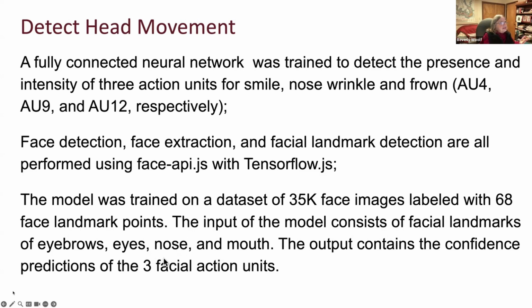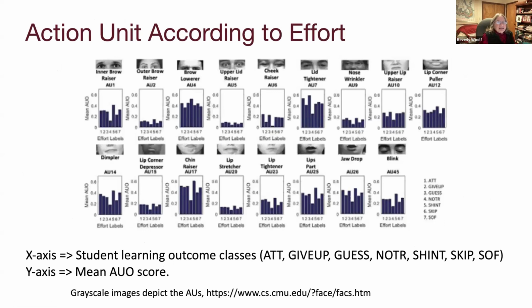And then, right. So this is very confusing, but we're back to the same action units here, the eyebrows, the cheek raiser. But underneath it, we have correlated each of those facial features with our effort list. Our effort list, remember, had asked for a hint, give up, guess, didn't read, asked for a hint, et cetera.